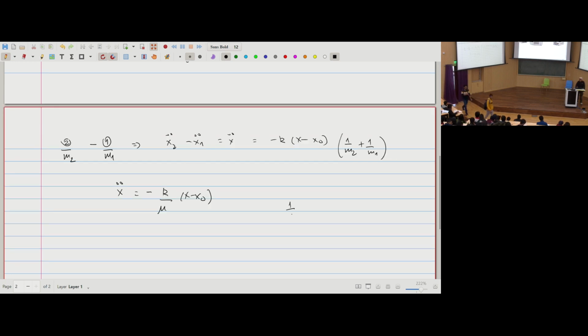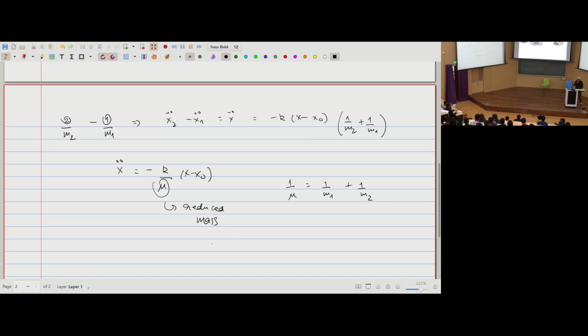Now we have already seen this in the topic on collision, that this 1 by mu is 1 by m1 plus 1 by m2, where mu is called the reduced mass. So we can see from this case, what is the frequency here?